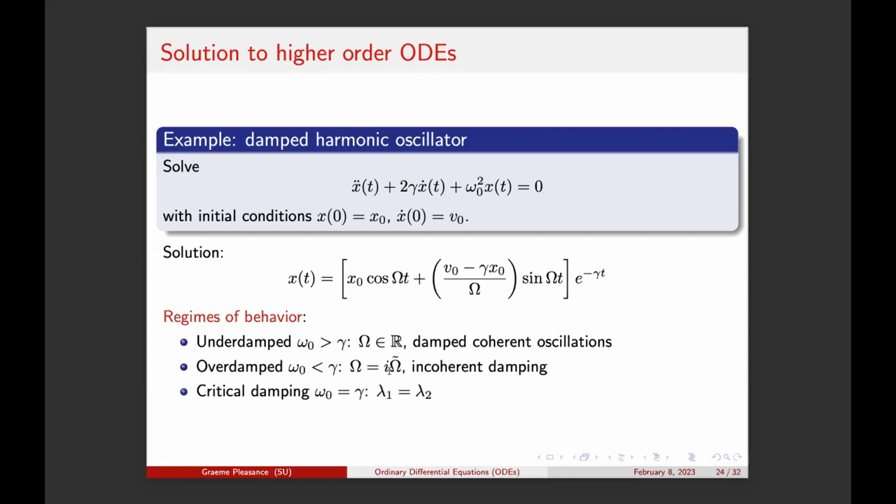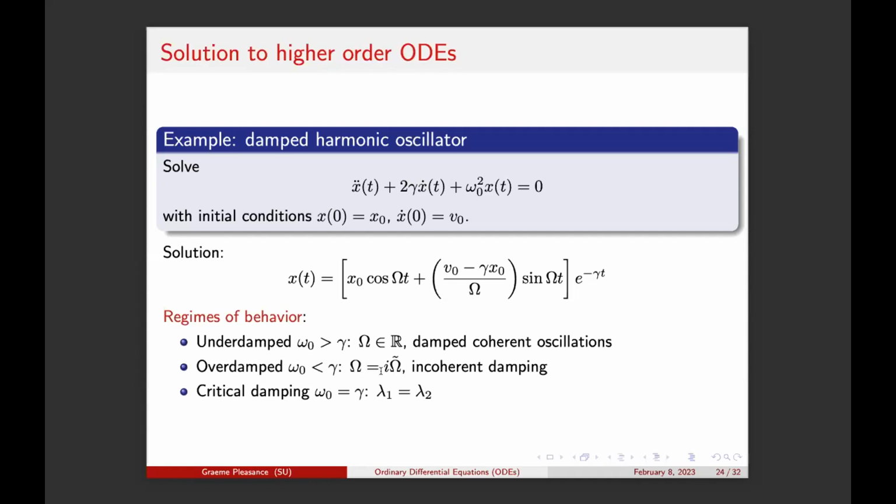But what we can do is take out a factor of -1. So in the expression, the square root of omega naught squared minus gamma squared, we can just take out a factor of square root of -1, which is just i. And then we can introduce a new real coefficient, which I call here omega tilde.